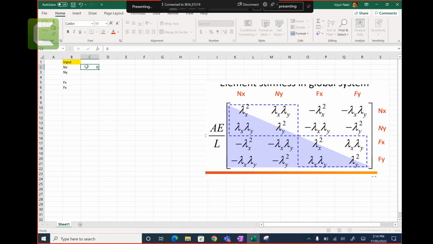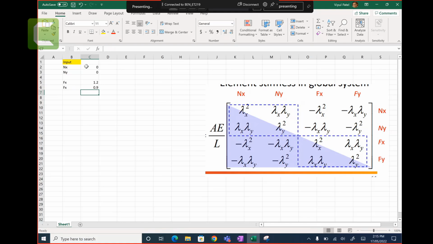This one is 0, this one is 0. Far node X is 1.2 and far node Y is 0.9.